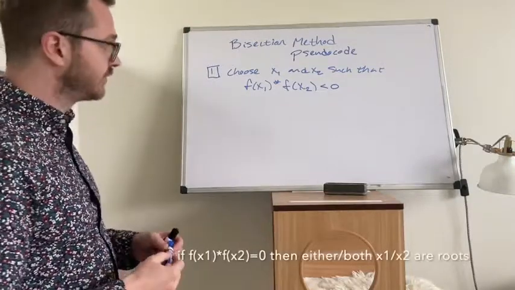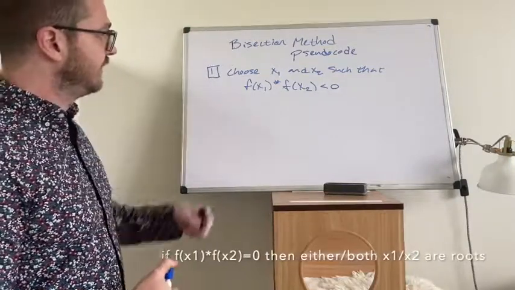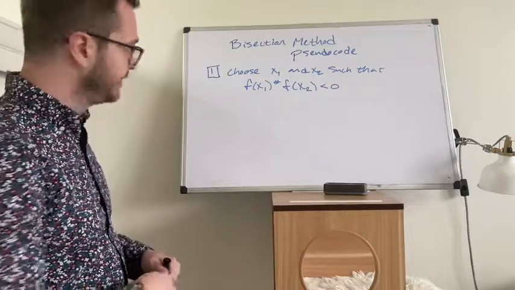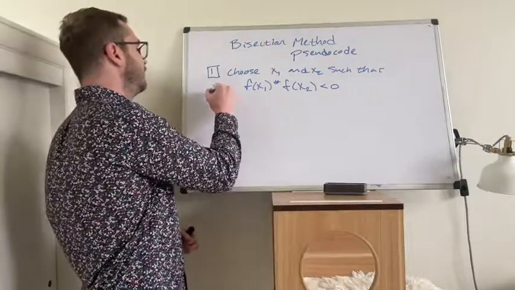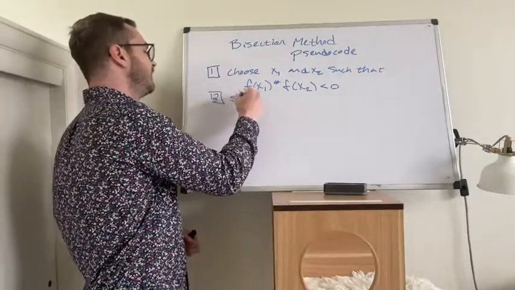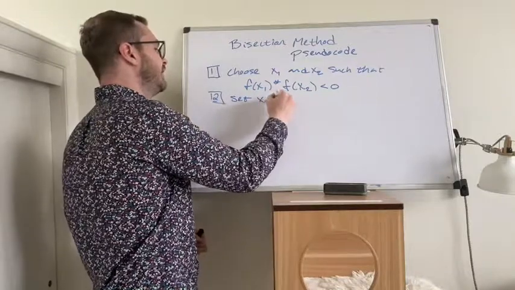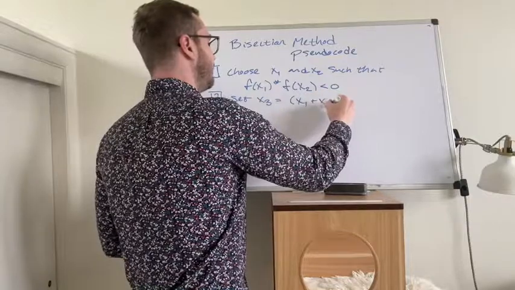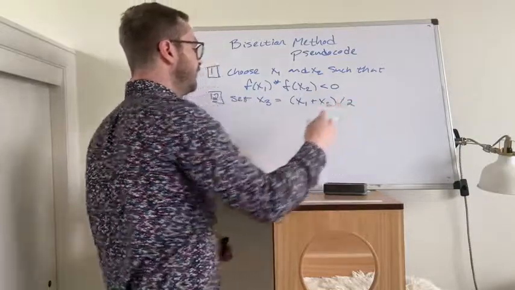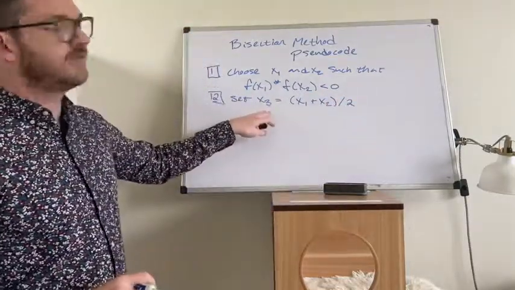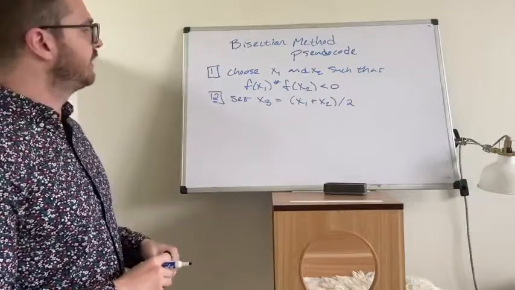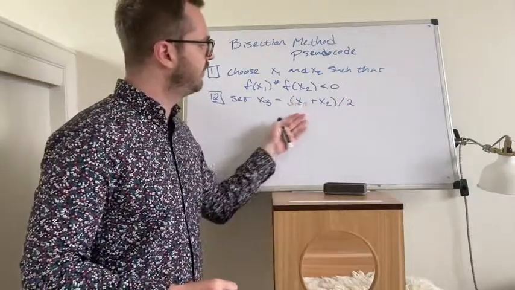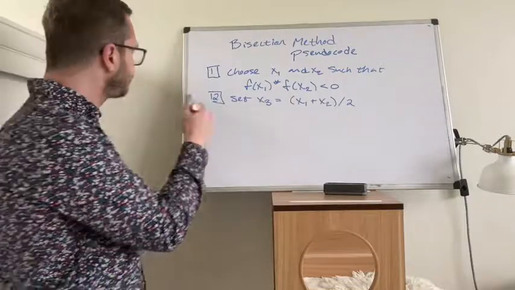So there's our original condition on the interval having a sign change in it. Number 2, set x3 equal to (x1 plus x2) divided by 2. So again, this is the bisection, right? We're saying that x3 is equal to the midpoint between x1 and x2.